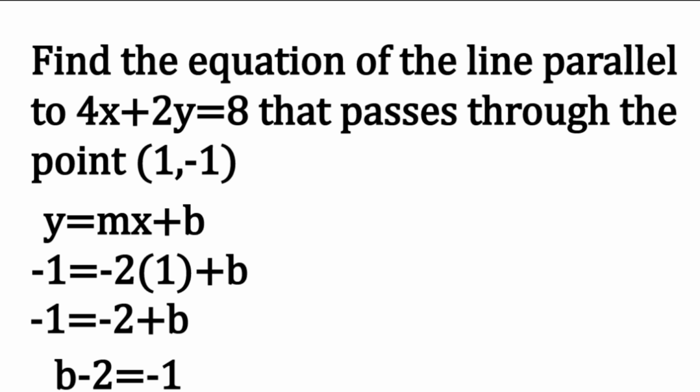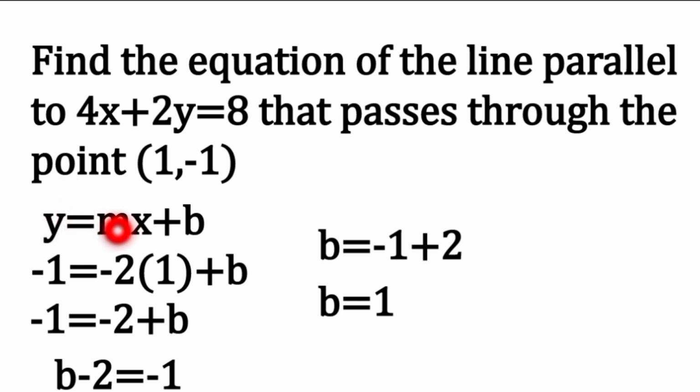We can transpose negative 2 to the right side of the equation. So we have b equals negative 1 plus 2, which is equal to 1. b is equal to 1. So our y-intercept is 1. So substitute to this one. So this is y equals negative 2x plus 1. B is equal to 1, and our slope is negative 2.